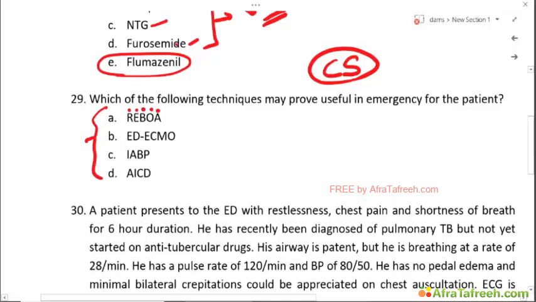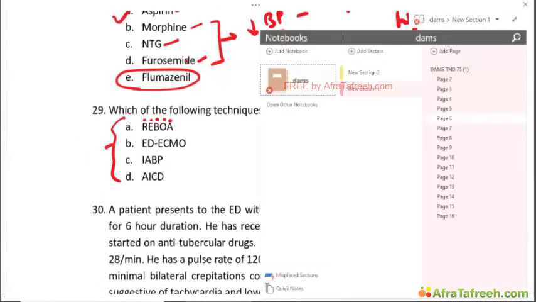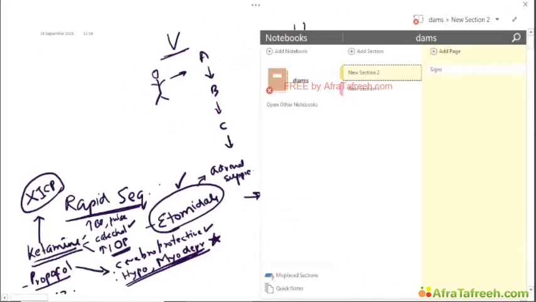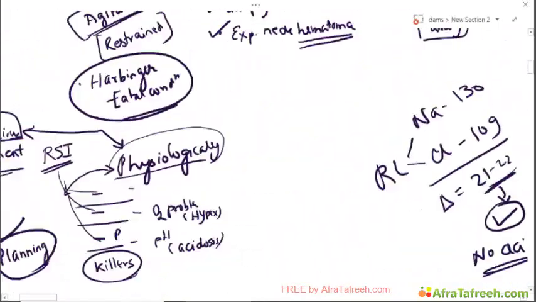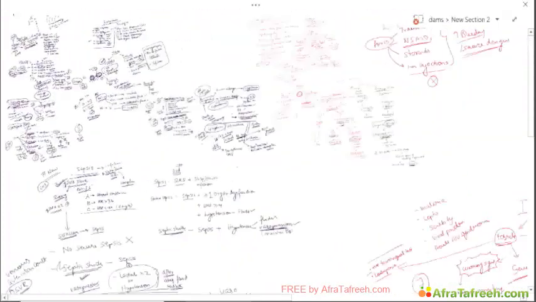Okay? So what you do here is the aorta divides into the iliac branches. You cannulate the femoral vessel, go to the aorta, and you occlude the thoracic aorta.